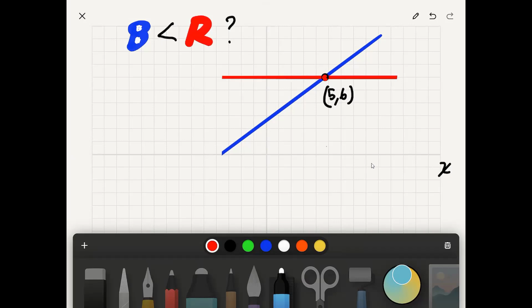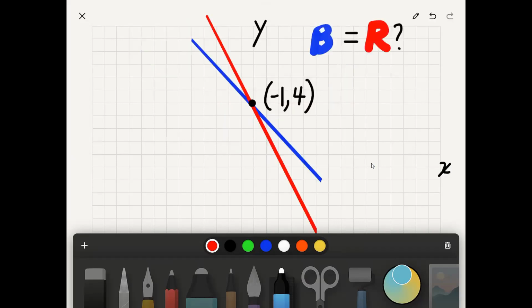So you would say, well, when x is less than 5, the blue line is below the red line. So when you see blue lines and you see less than, you just got to go find out which direction you need to go. Once you see the intersection, because that's where they're equal, then everything else is going to be unequal, and you need to figure out which one is greater, which one's less.